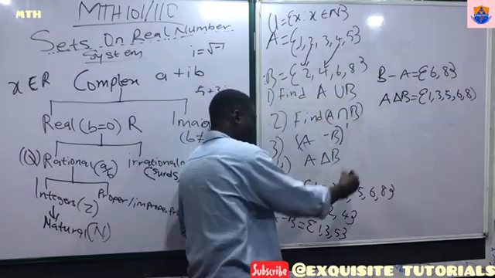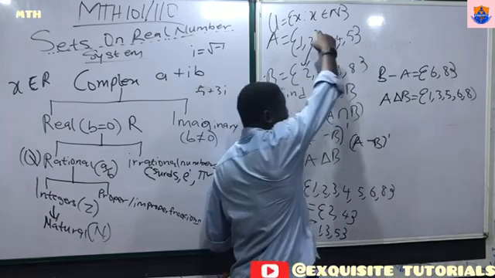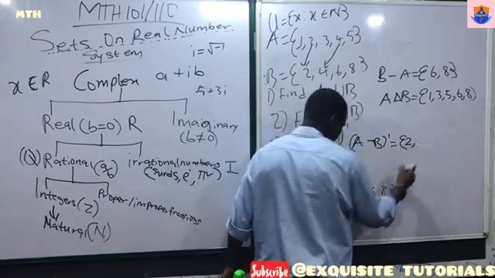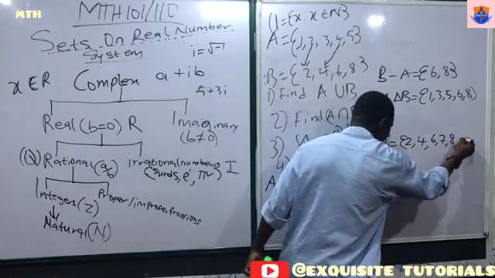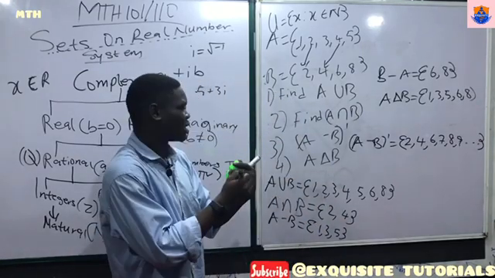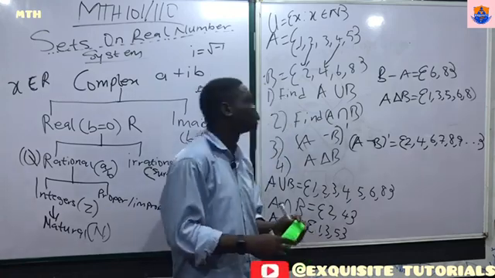So I can write (A minus B) prime. We said these are natural numbers. We include 2, 4, 6, 7, 8, 9, and so on to infinity. So these will be the elements that are in the universal set but are not in A minus B.